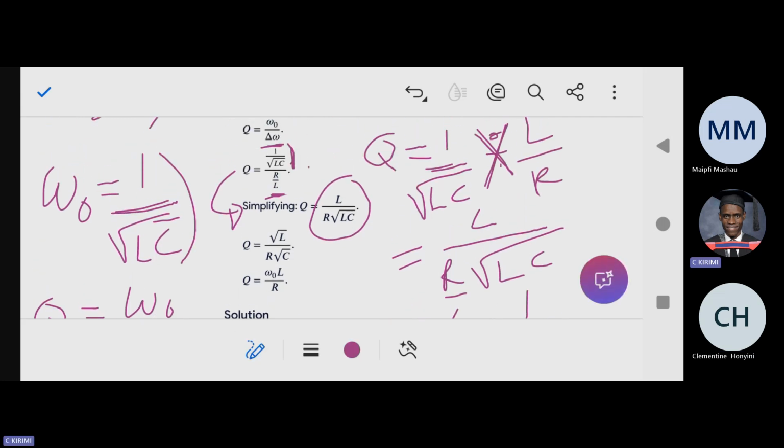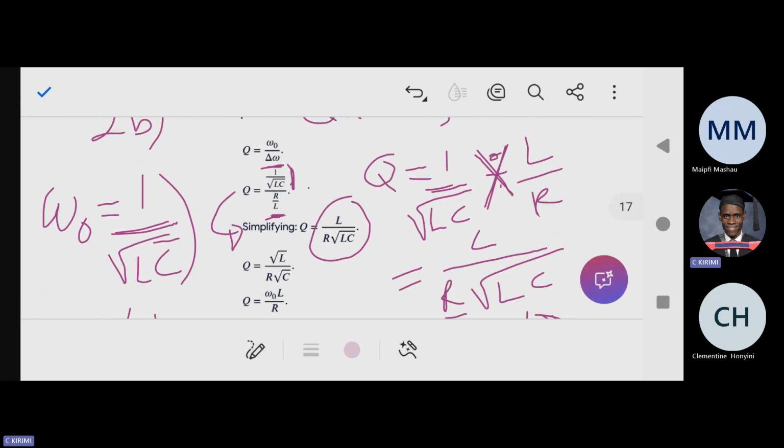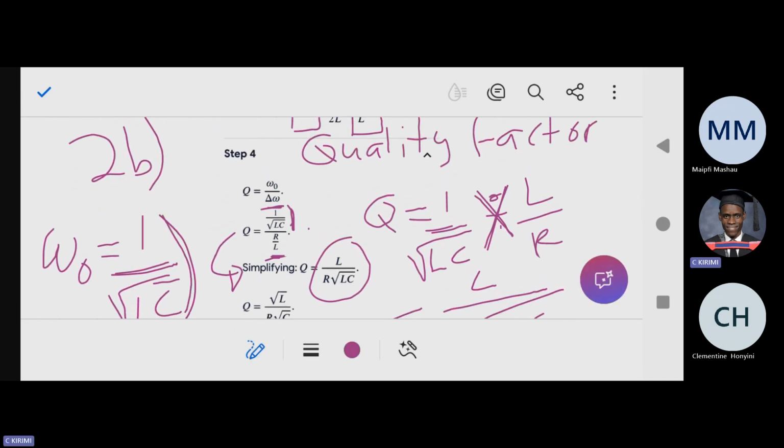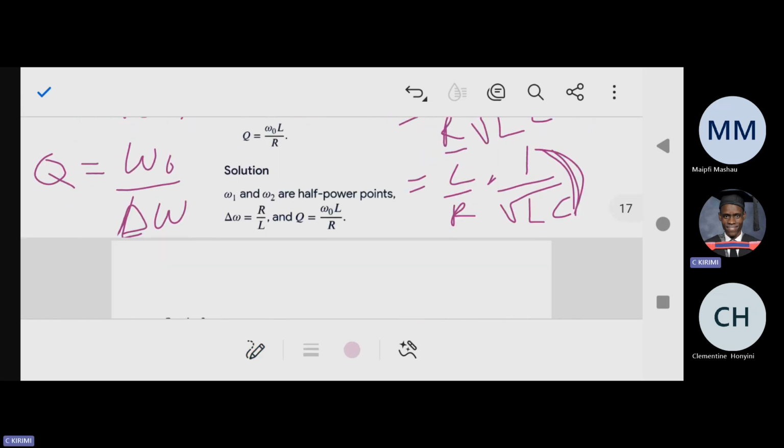So why are you going all the way to come back and tell us this is W naught? That's what I was saying, this is a repetition. They've come back to tell us this is 1 over root of LC, which we should have put a long time ago so that you save time rather than use a long method. So L over R is the same as what?